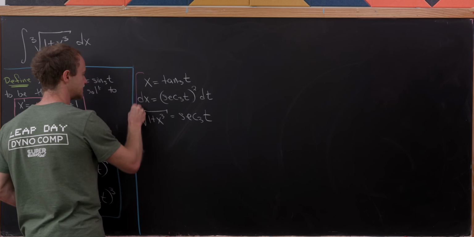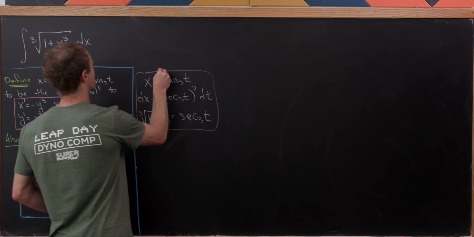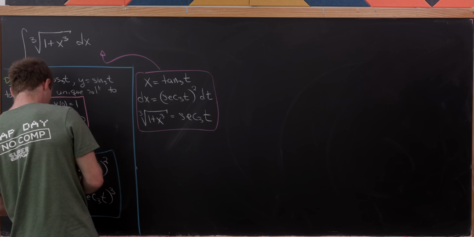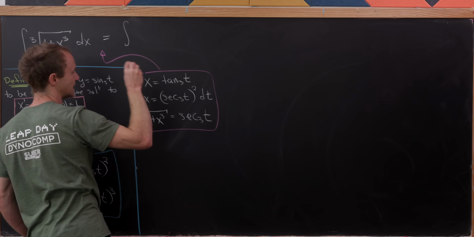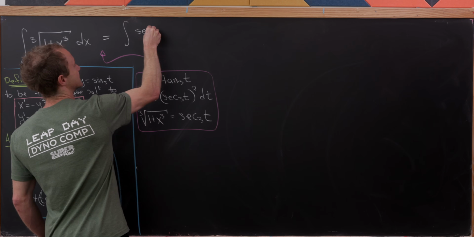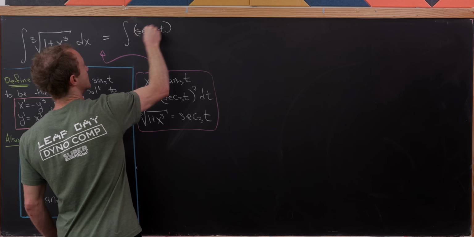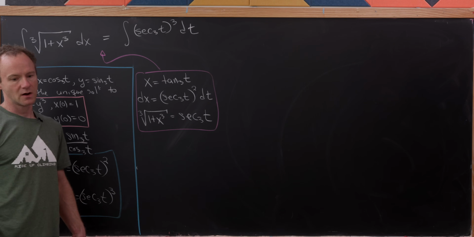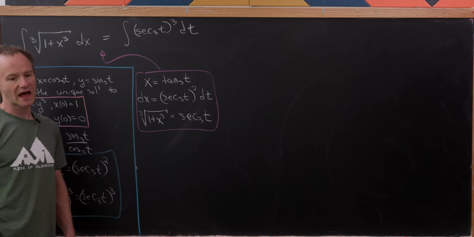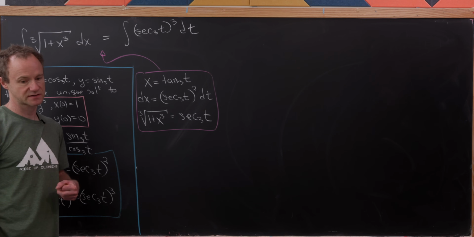So let's see what this does for our integral. I think it's pretty clear that what we're going to get is the integral of the secant 3t all cubed dt. Okay, and then, how can we evaluate this?